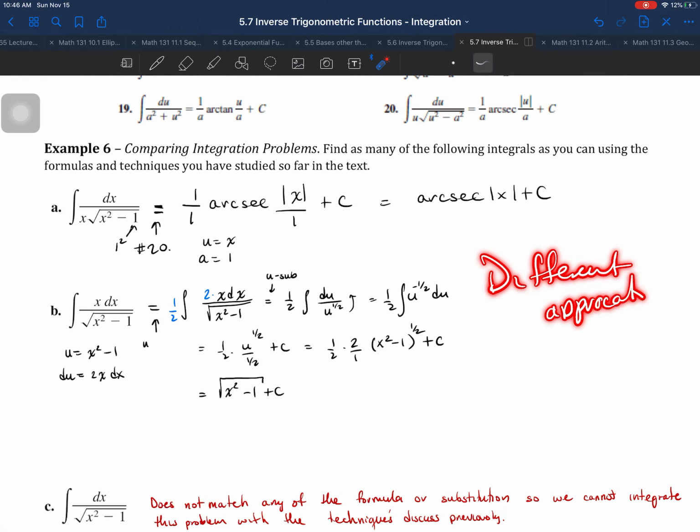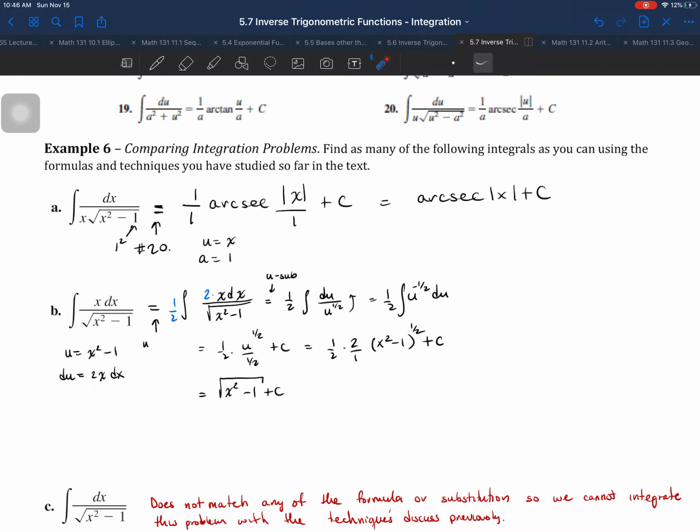Just by adding the x on top, this gives me a different approach: it allows me to use u substitution and then the power rule. If you let the radicand be u equal x squared minus 1, the derivative of this will be du equals 2x dx.